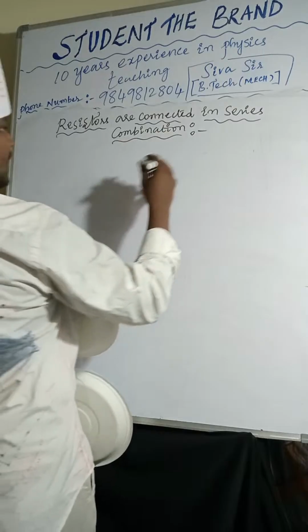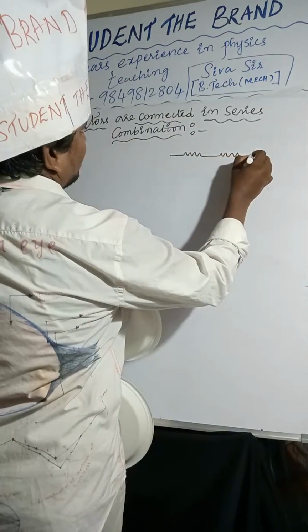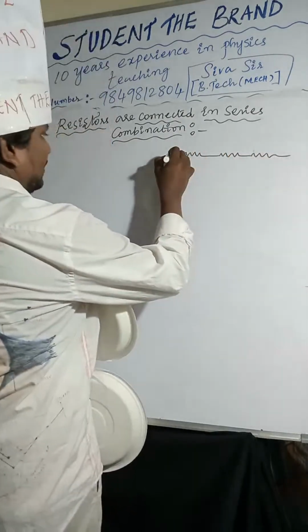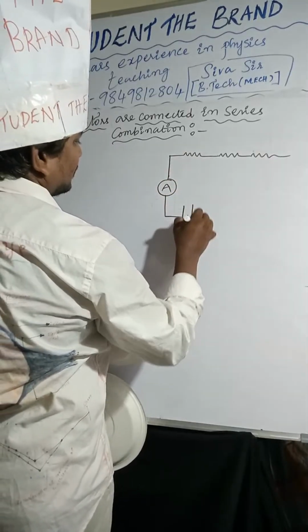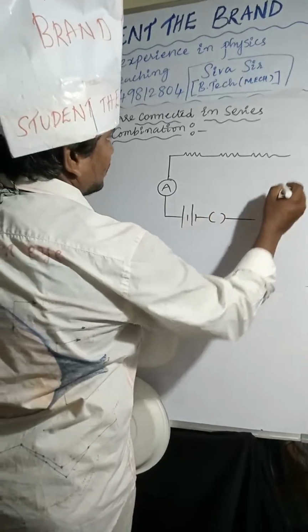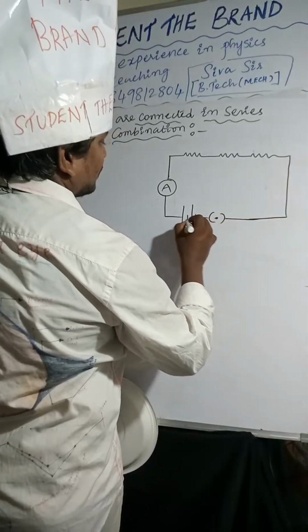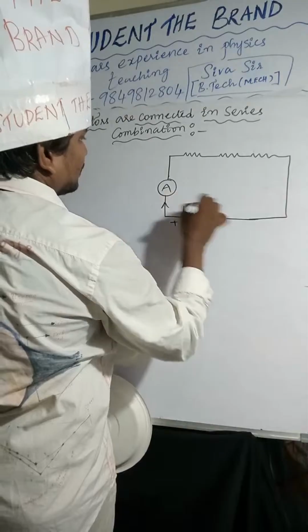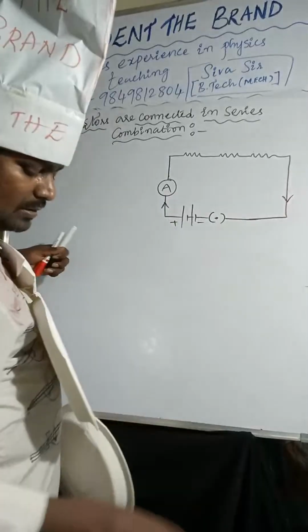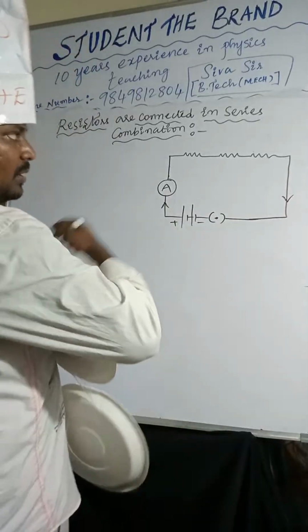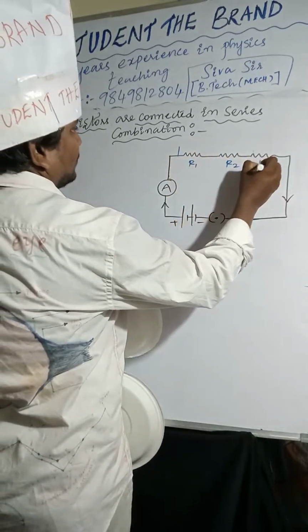Now we are taking one resistor like this, one more, and I am connecting them. Here, across R1 is V1, this is R1, R2, R3.